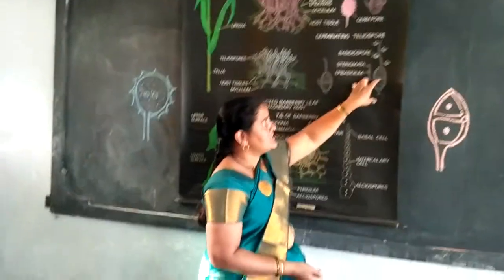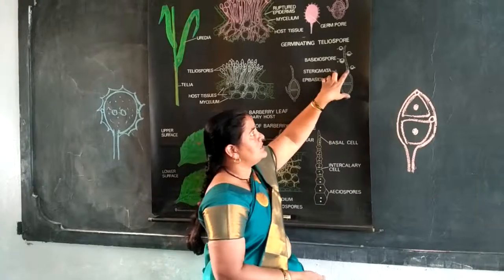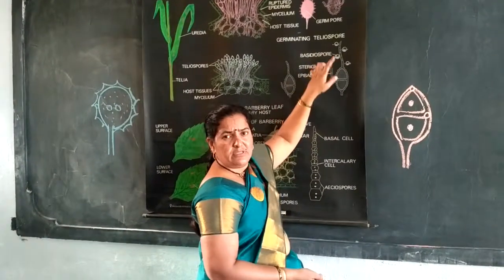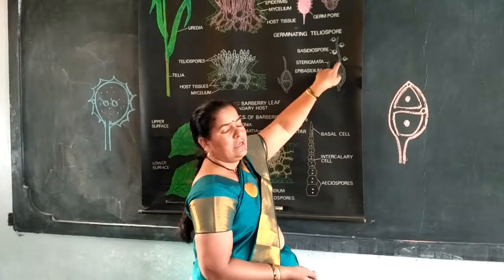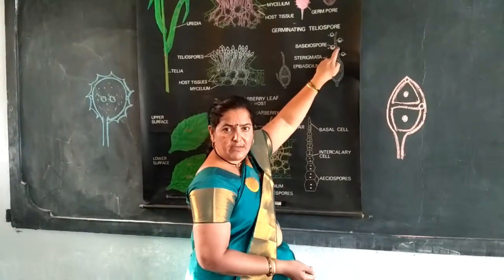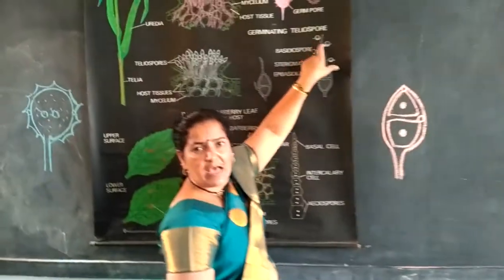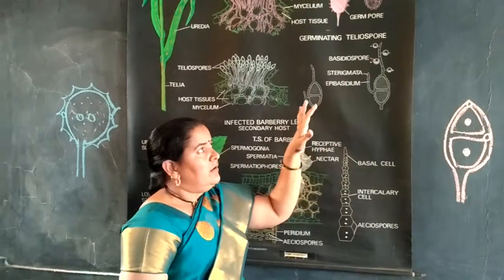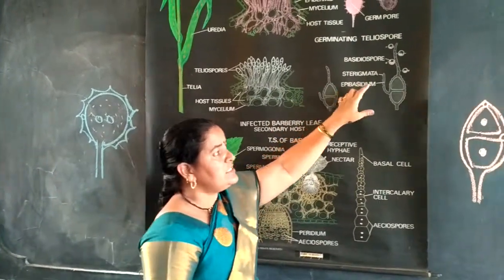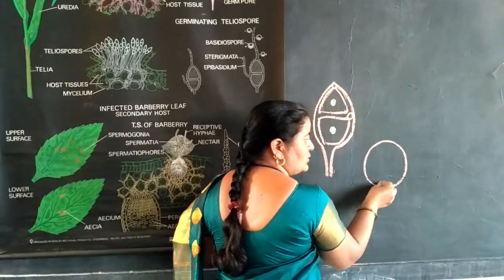In this basidial stage, the teliospore germinates and produces the germ tube. That germ tube comes outside through the germ pores. That structure is called an epibasidium. On this epibasidium, basidiospores are developed. These basidiospores are spherical, unicellular, uninucleated haploid spores.